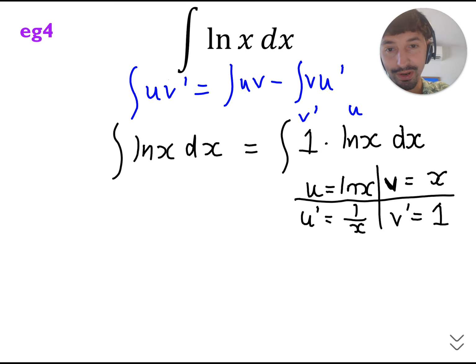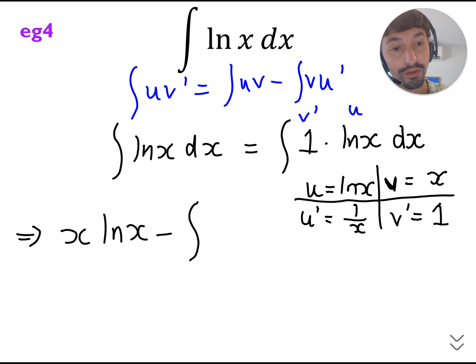So if we put this all into our formula, we get u times v, which is x multiplied by ln x, subtract the integral of v u dash, which is x multiplied by 1 over x dx.